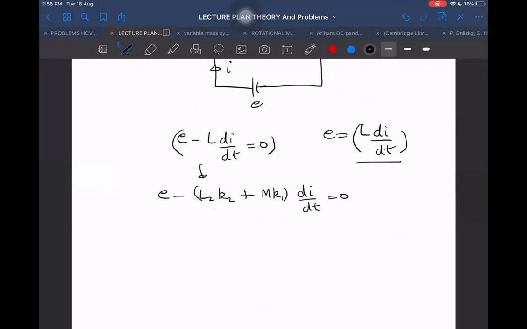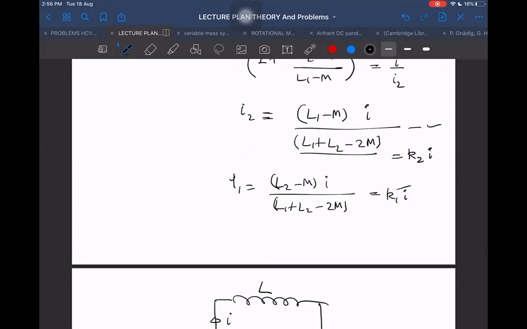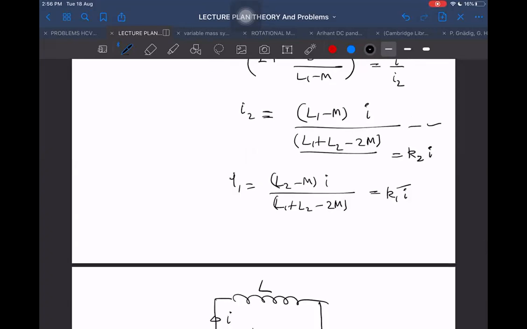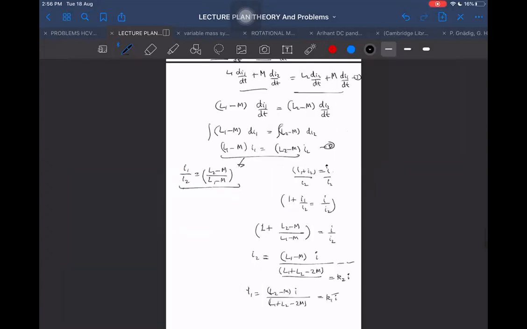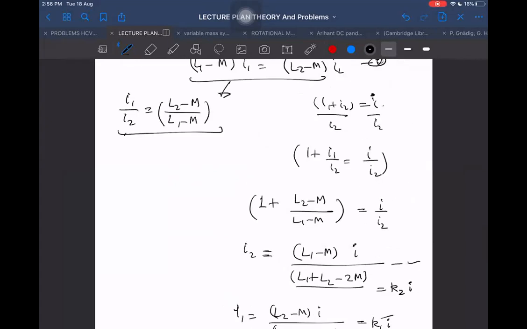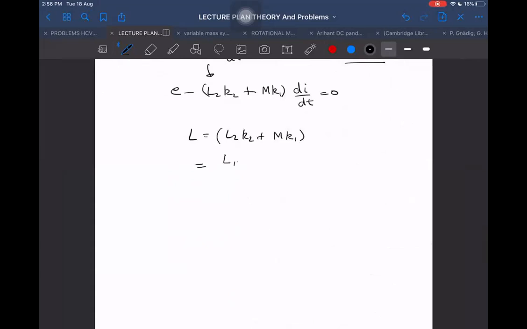Comparing these two, I get effective L as L2 K2 plus M into K1. But now I have to put the value of K2 and K1. K2 was, can somebody remember it? L1 minus M upon L1 plus L2 minus 2M, multiplied by L2, plus M into K1.